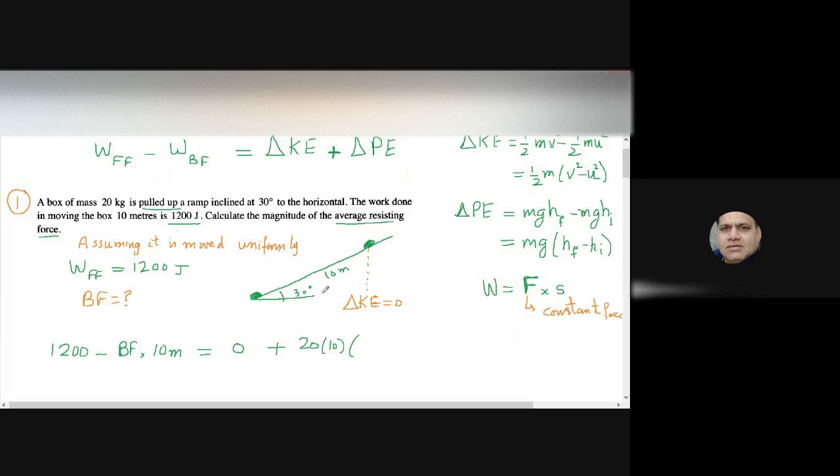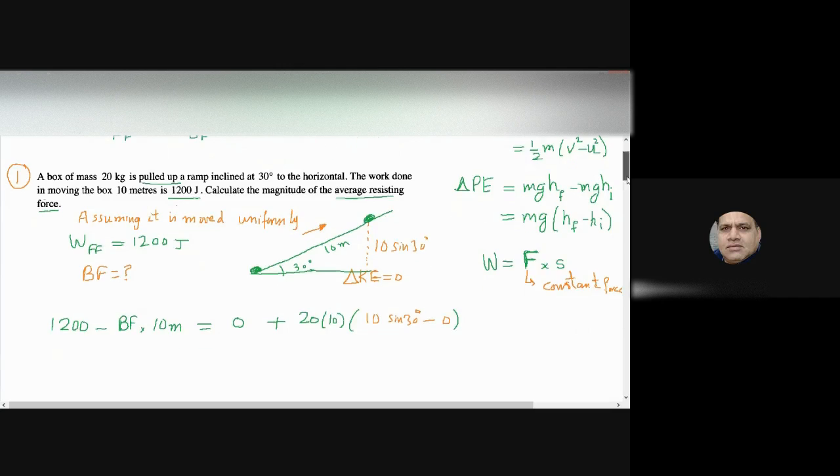So it is taken from here to here. So this height is 10 sine 30. So initial height is 0 and the final height is 10 sine 30. It's going up. Okay. So here we can write final height is 10 sine 30, which is actually 5, minus the initial height is 0. Okay, so then just using calculations, we can find the backward force.